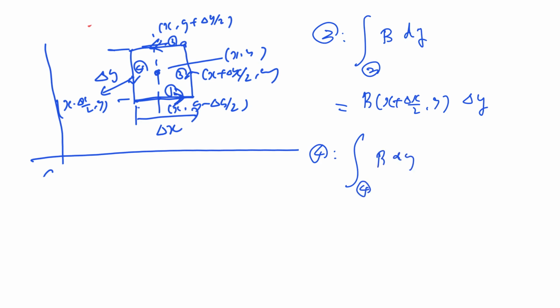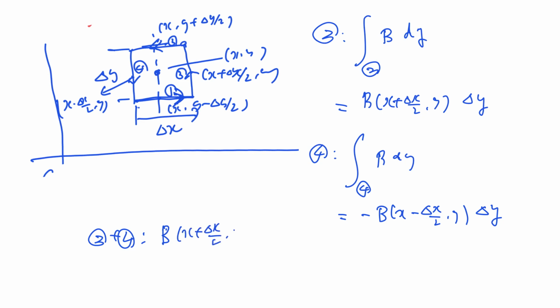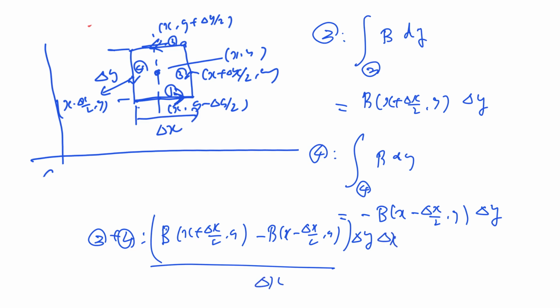It's going down. It's the opposite direction. So this is minus b(x minus delta x over 2, y) delta y. So 2 plus 4 is actually b(x plus delta x over 2, y) minus b(x minus delta x over 2, y) delta y. You divide by delta x, it is partial b over partial x delta x delta y.